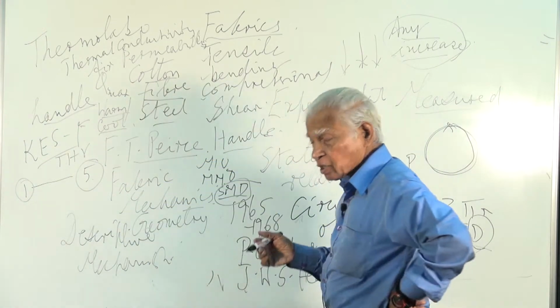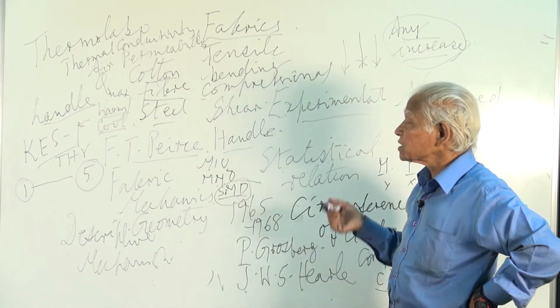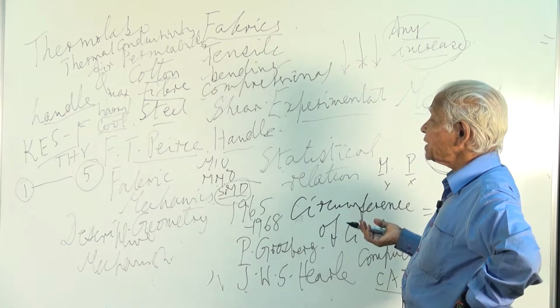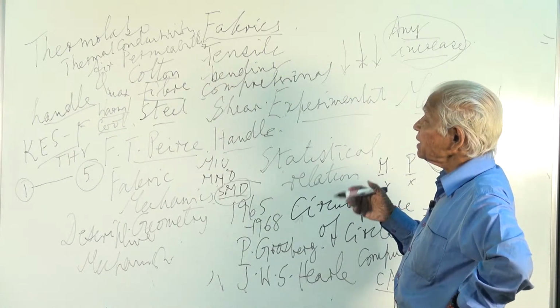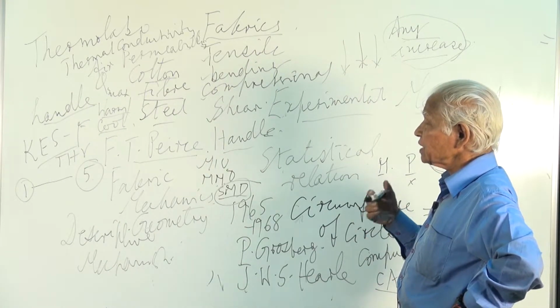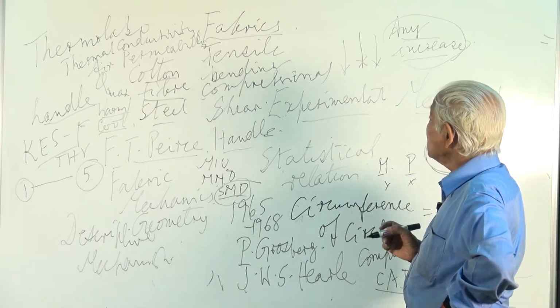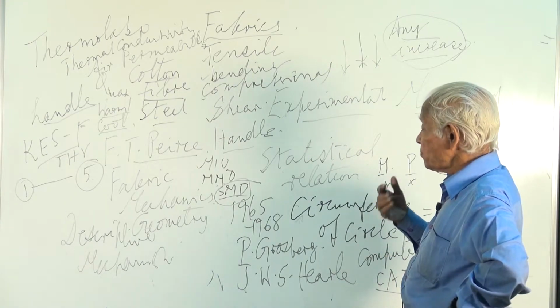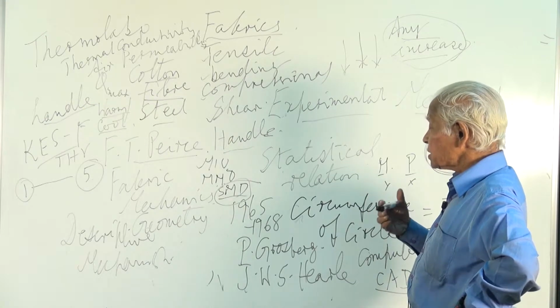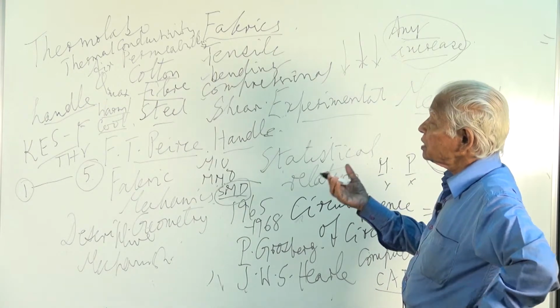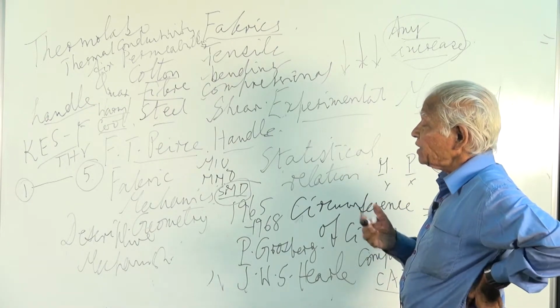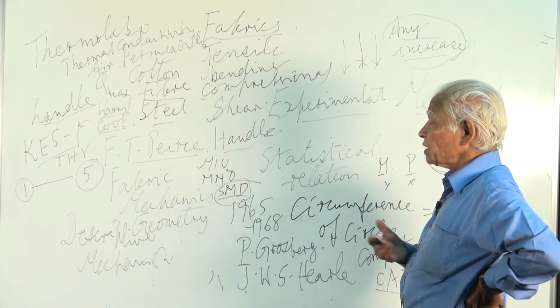There are many other instruments which give this information. Alambeta instrument is there, and any instrument can be used which gives the same effect. And the effect of certain treatments on the thermal conductivity has also been investigated.